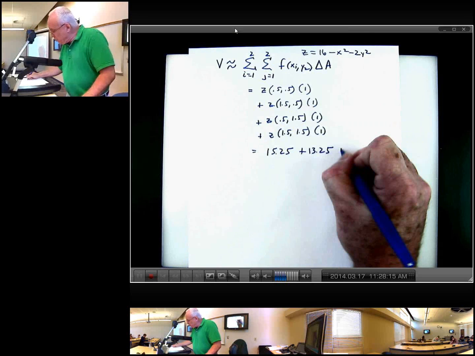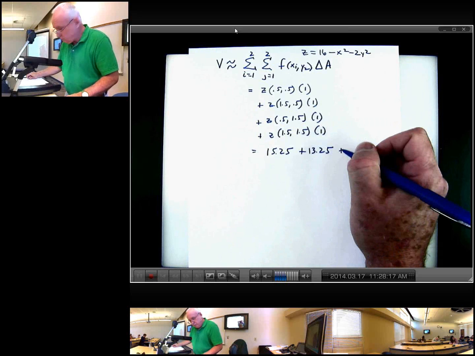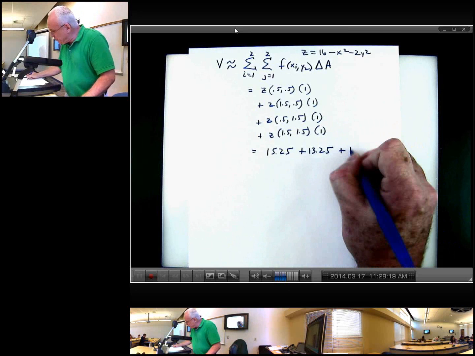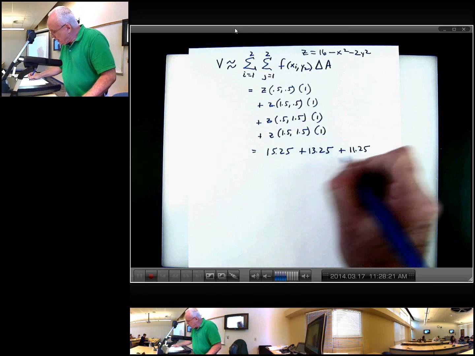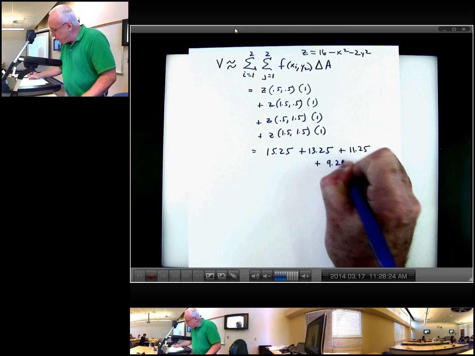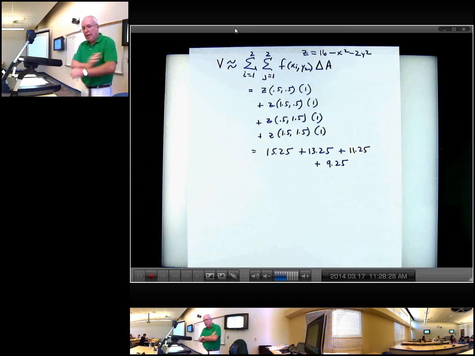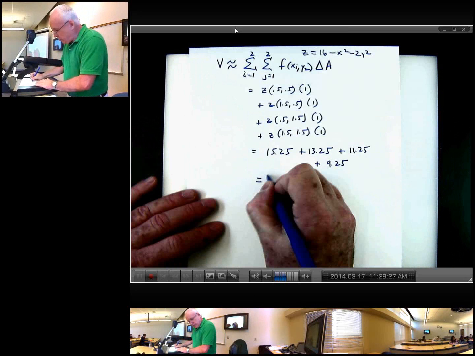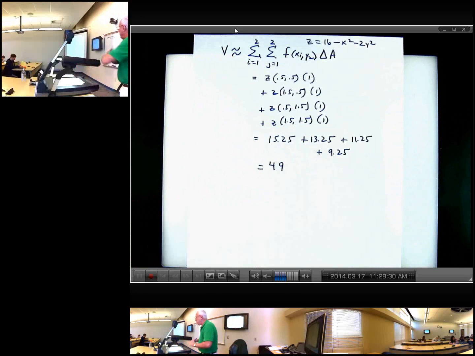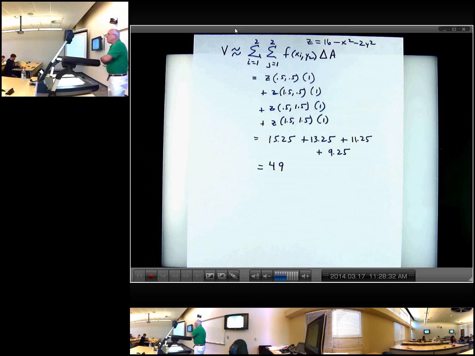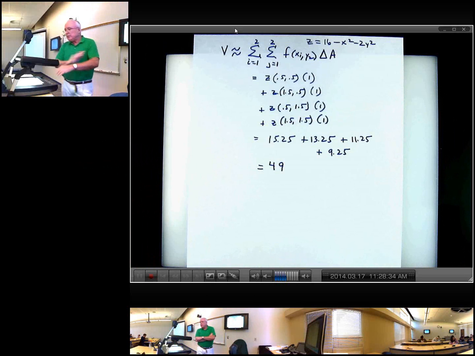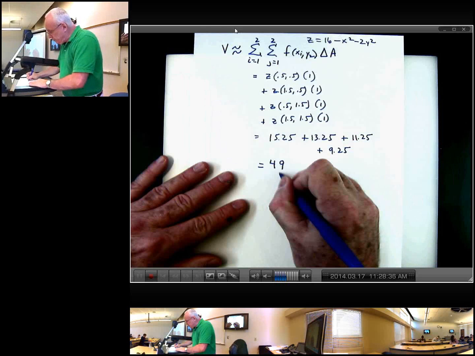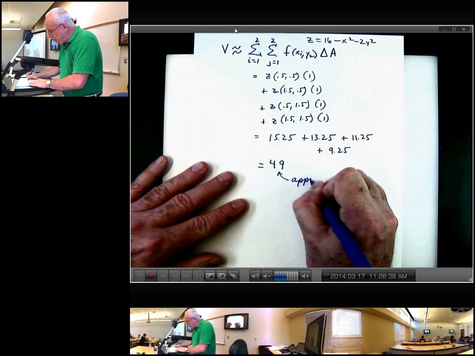For the third one, we get 11.25. And for the fourth one, we get 9.25. Add all these together, and we get 49. Okay, so whatever the dimensions are, this is the approximation of the volume.